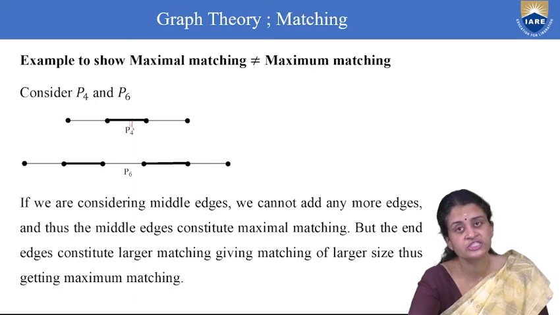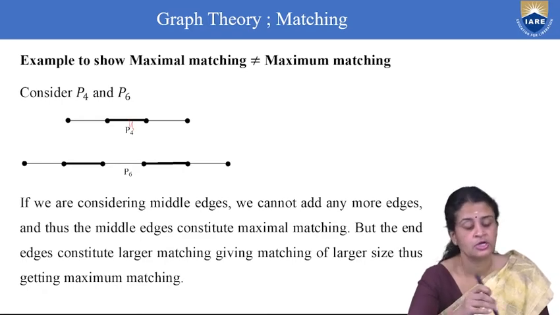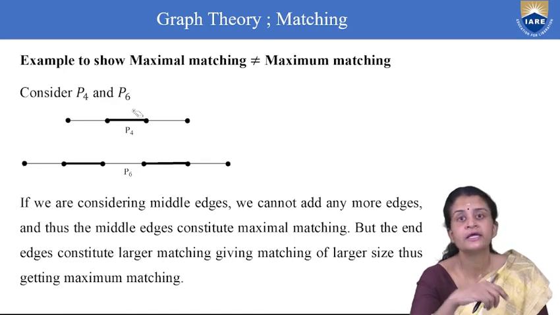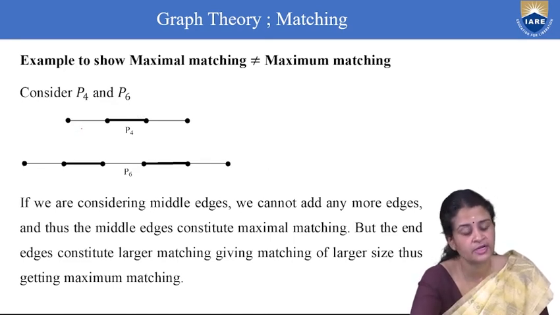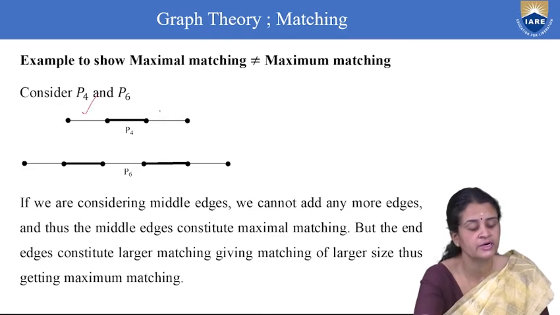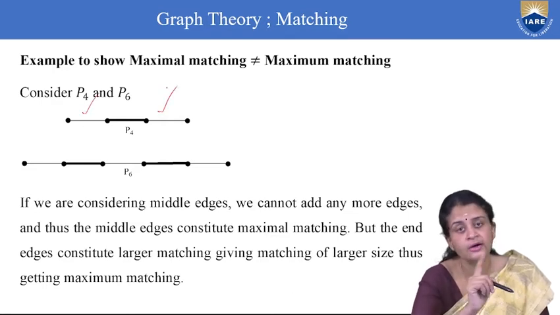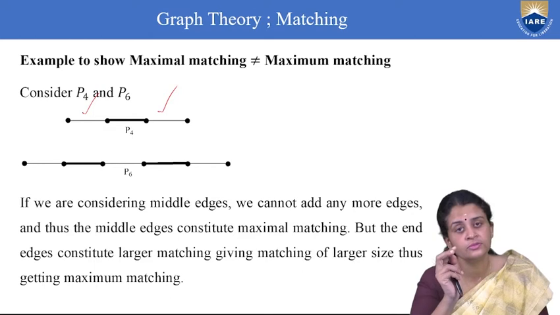If I am considering this edge in this one, can I add any more edge to this matching? No. It is a maximal matching. But I can take another matching which is also maximal, considering the end edges. Taking the end edges here and here, I can have two edges in that matching.